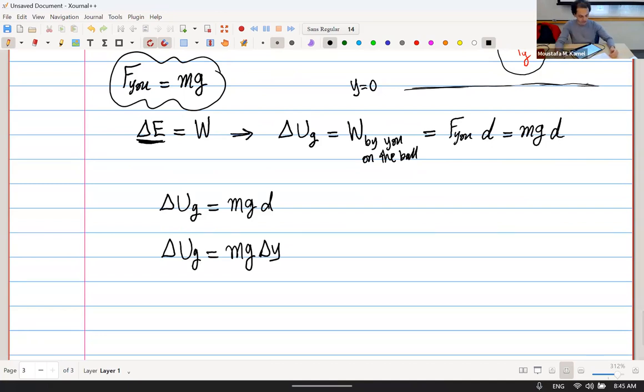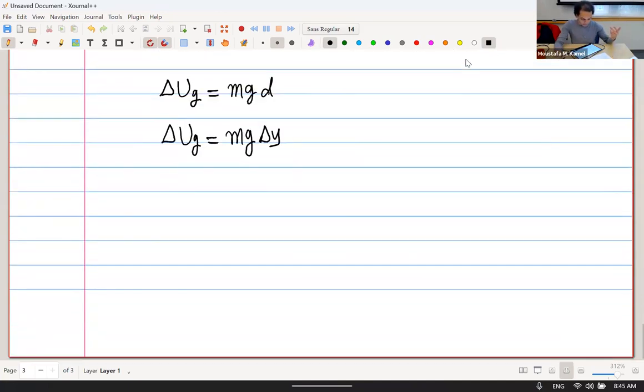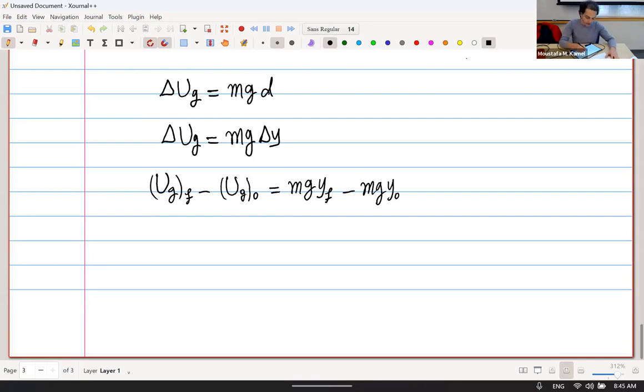Okay. We can write that explicitly. We know that delta means change, so this is just the final potential energy minus the initial potential energy, equals mg final position minus mg initial position. Okay. And as it can be seen from the equation, the corresponding terms are this.